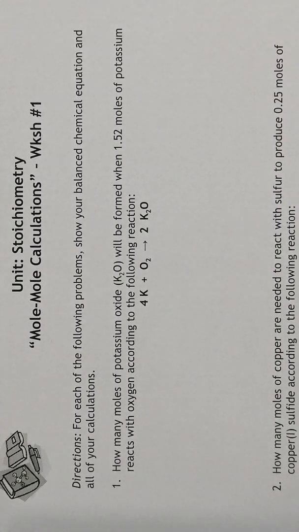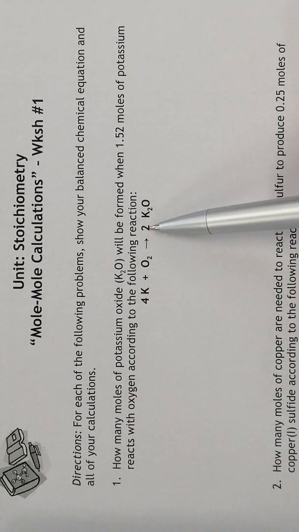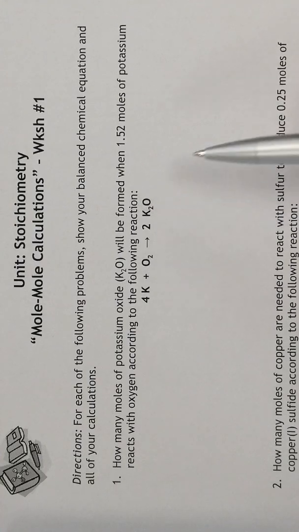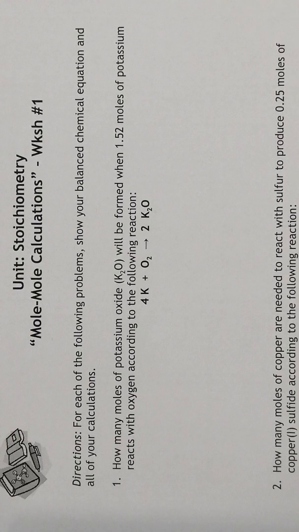The first thing you should really do here is to check to make sure it's balanced. So we got 4 potassium, 2 multiplied by 2, that gives us 4. We got 2 oxygens here, 2 oxygens here. So that's perfectly balanced. So that is the first step to ensuring that you get a correct answer at the end, is to make sure that your equation is balanced.